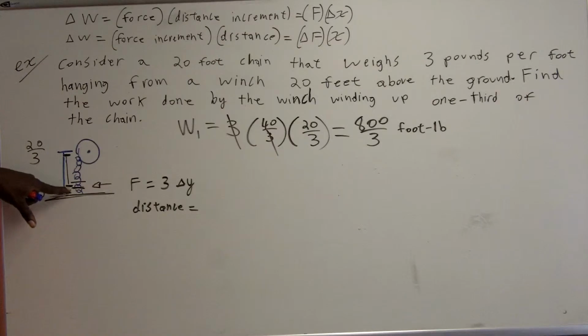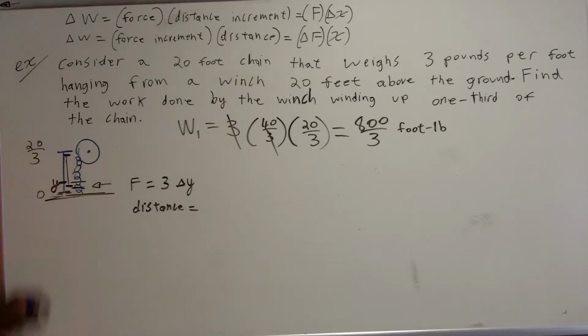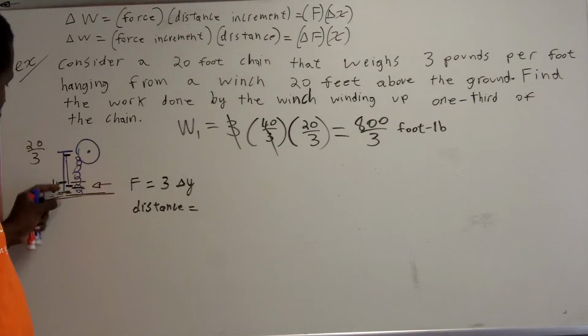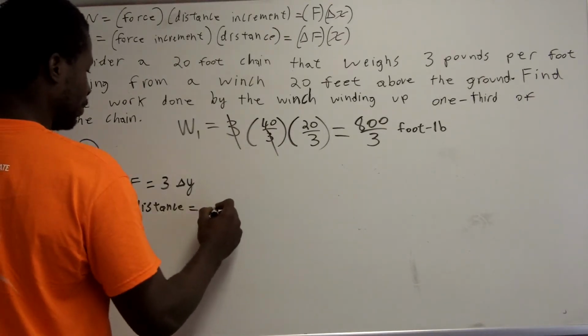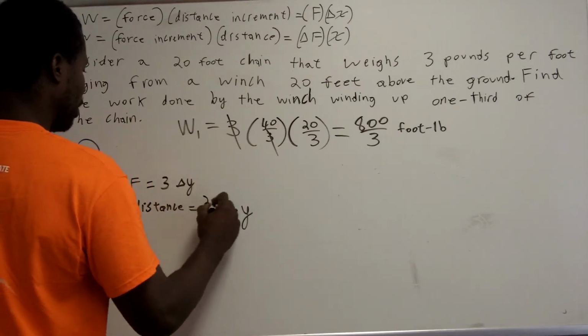The bottom piece of chain travels the entire length, 20 over 3, but if you're a little bit above that, whatever y value you have here, the distance that the little piece of chain has to travel to get up to the winch is actually going to be this total distance minus that y value. So the distance that each little incremental piece of chain has to travel is the y value being taken away from 20 over 3.